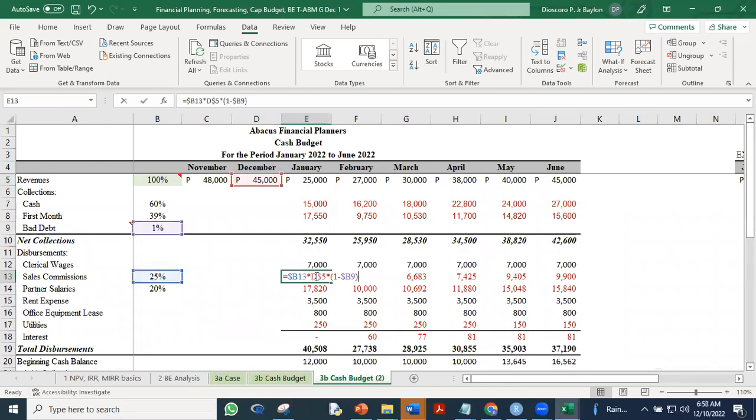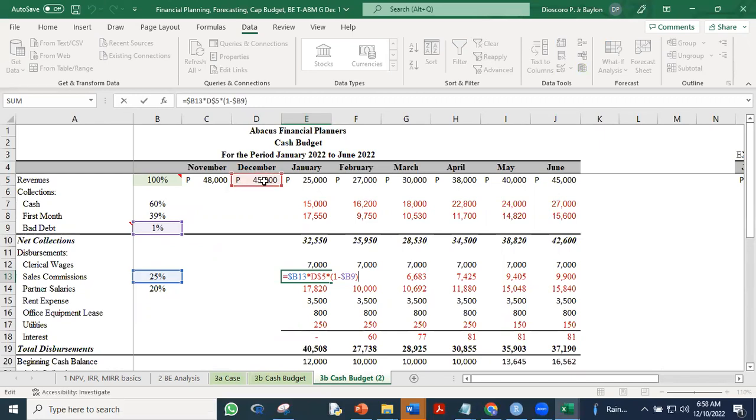Let's take a look at this. Sales commission. You notice that the sales in December, the formula here is B13. So this is the commission rate, 25%, times the sales of December, times 1 minus B9. Now, why did we subtract B9? Because the commission will be based on what's collected.